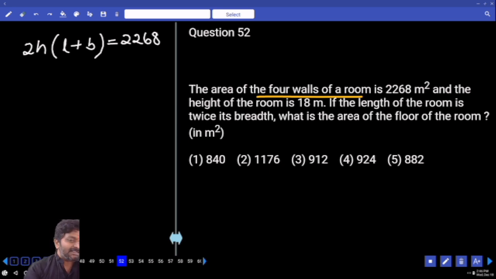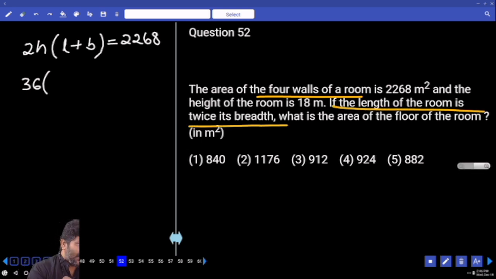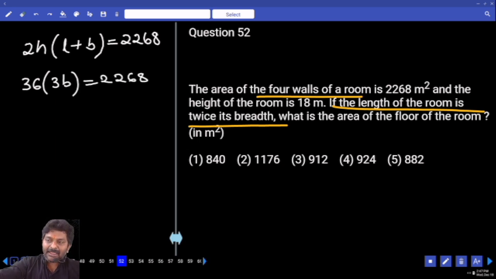Height mentioned as 18, so 36 into. Length is twice of its breadth. If breadth is B, length becomes 2B. L plus B, I will write it as 3B. Is that okay? Which is equal to 2268. They are asking for the area of the floor.